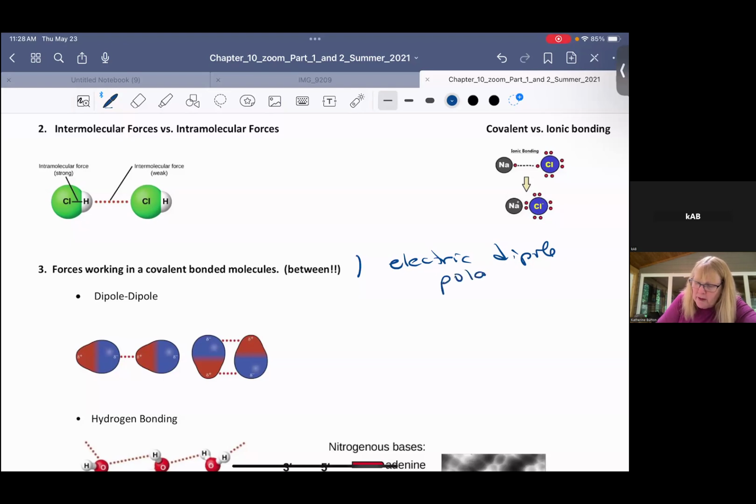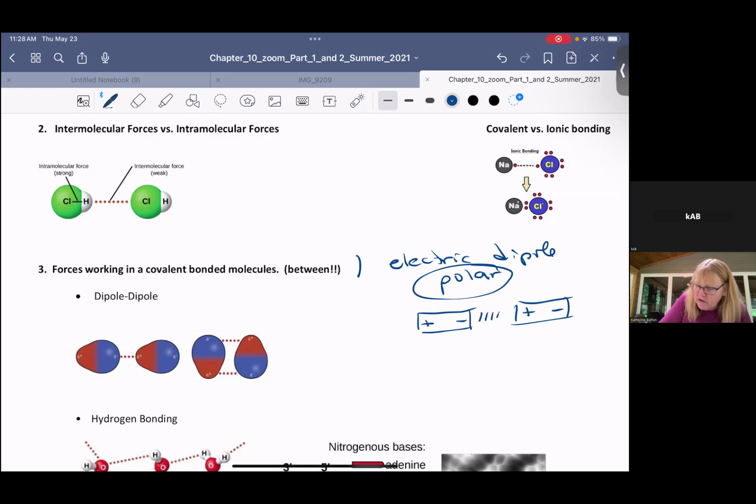We know how to spot a polar molecule. It either has two different ends, or inherently it's got lone pairs on the central atom. The only exceptions to lone pairs on the central atom being polar is for an expanded octet, which we're not going to deal with in this chapter. Polar means that our molecule is an electric dipole with a positive end and a negative end. If you put two of these together, the positive end on one sticks to the negative end on the other, like two magnets would stick together.